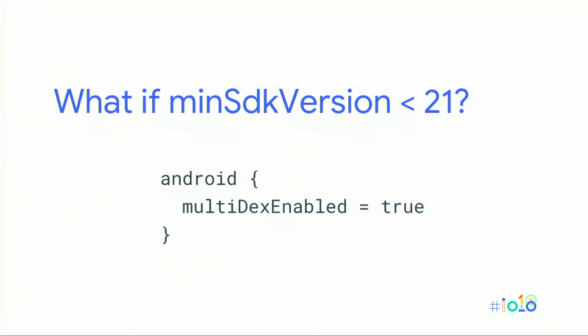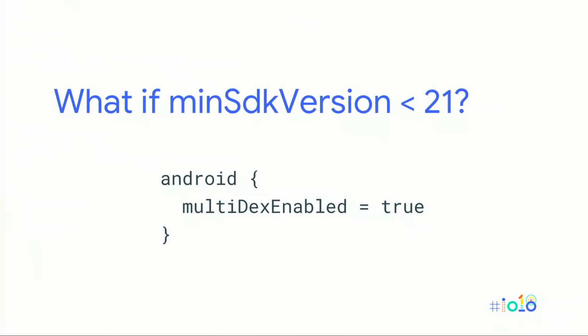Now, things get a little bit more complicated if your min SDK is below 21. If it's below 21, we need to have flexibility to still deliver the application in native multi-dex if you are suddenly deploying on a device which is 25. But if you're deploying on 15, now we need to do something specific for that.